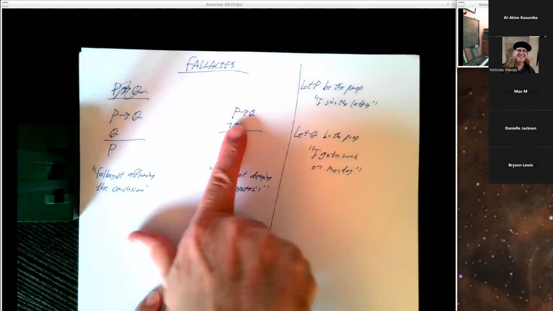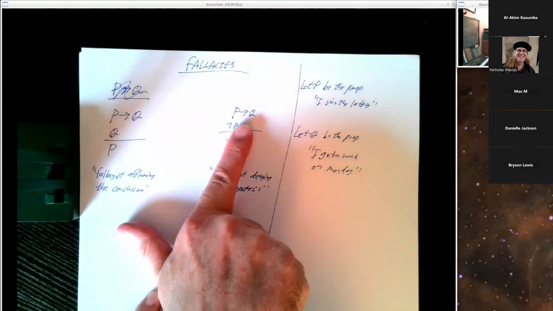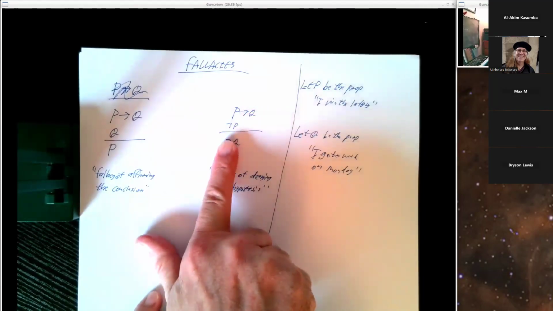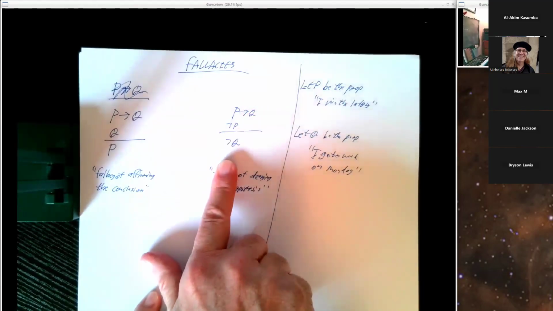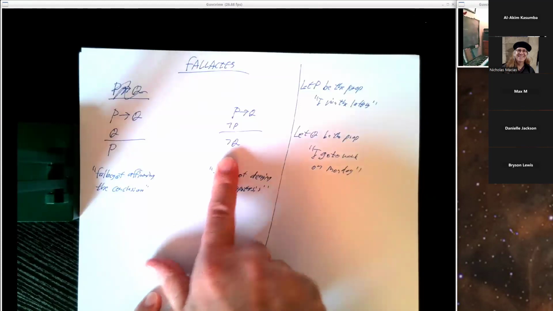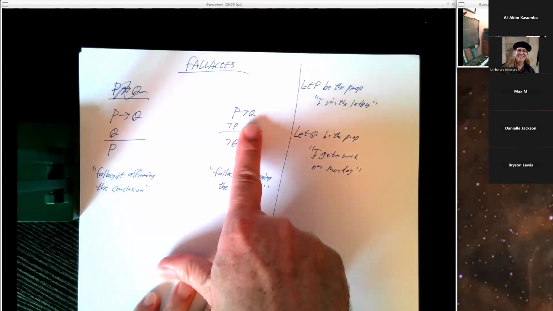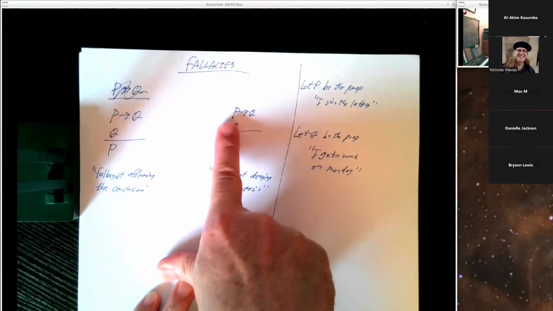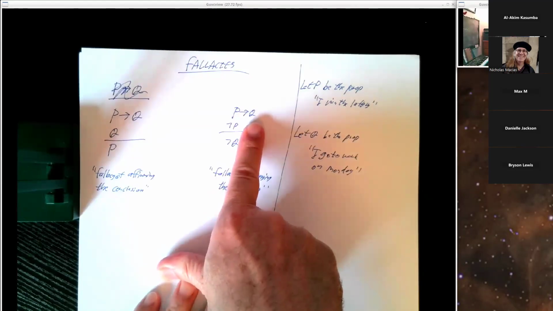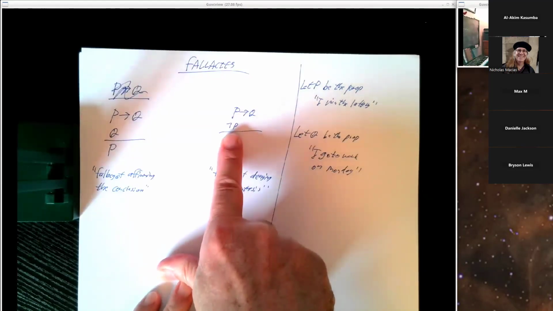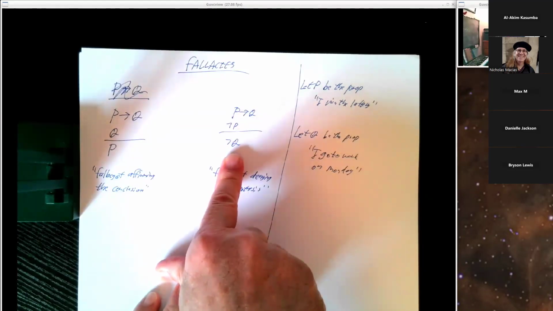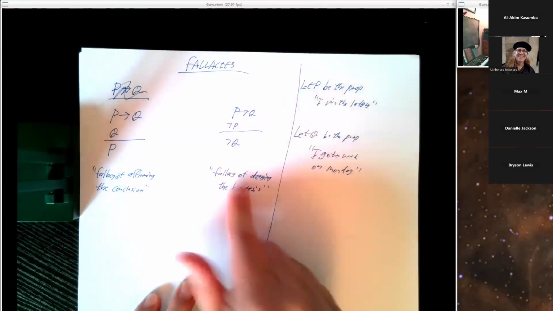Denying the hypothesis: if I win the lottery, then I go to work on Monday. I don't win the lottery, therefore I don't go to work on Monday. That doesn't follow. Because again, I'm going to go to work Monday regardless of whether I win the lottery or not. If I win, I'll go to work. But if I don't win, I might still go to work. In fact, I will.